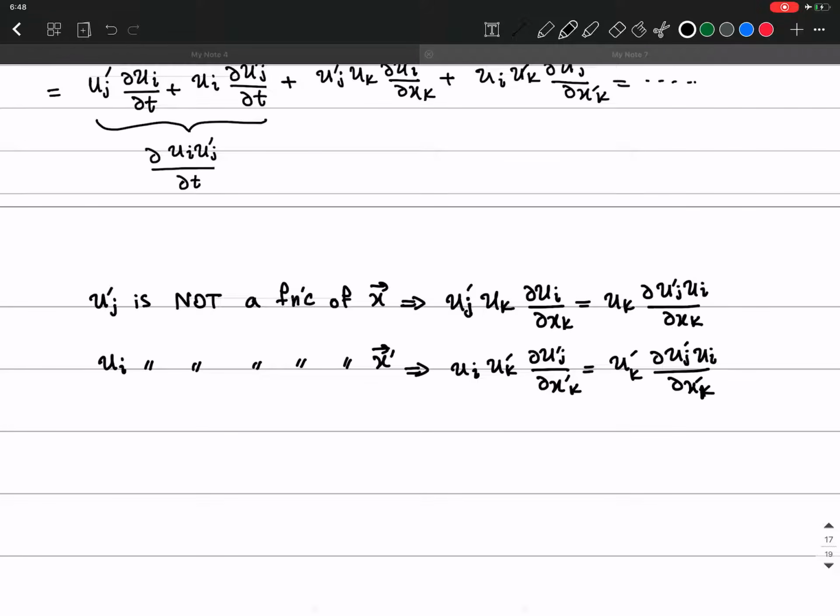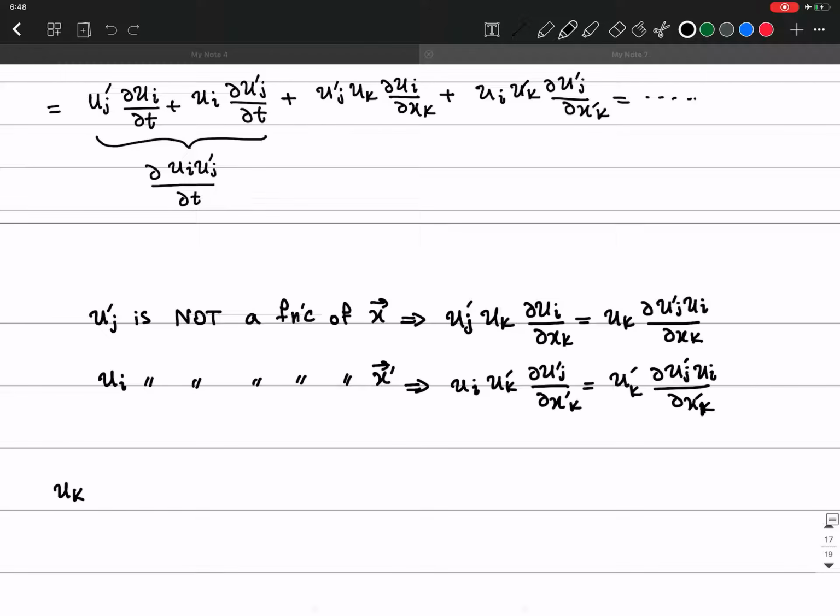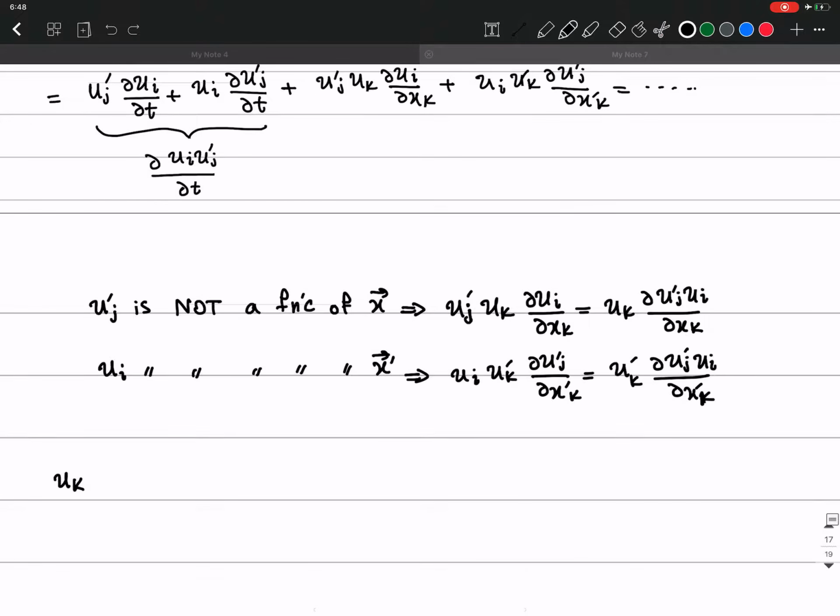I can write the first term here, uj prime uk partial ui over partial xk, like this: uk partial uj prime ui over partial xk. And then I can add a zero term to that. What is the zero term?